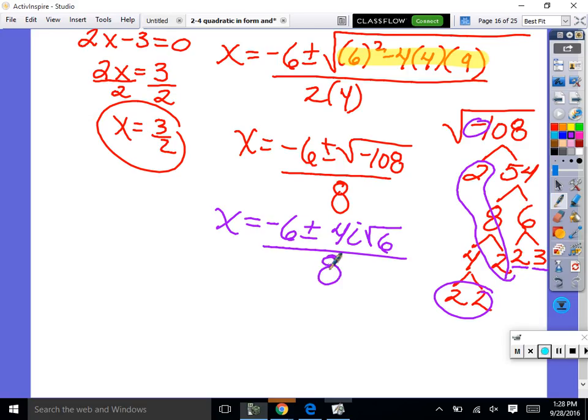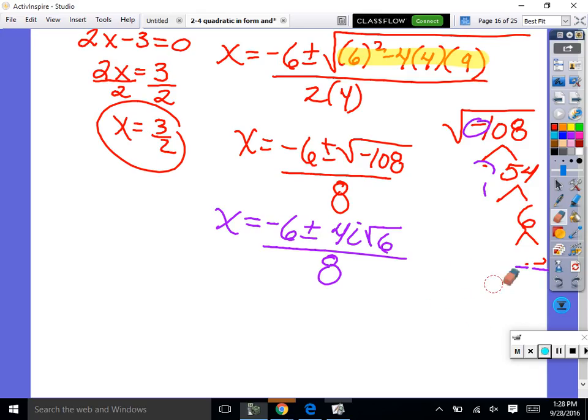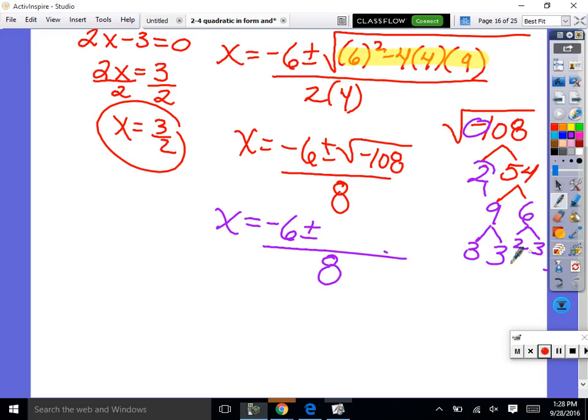Now, I messed up somewhere. It's not 8 times 6, it's 9 times 6. That's why. Okay. So this was 9 times 6, this was 3 times 3, right? Okay, so 6 is 2 times 3. So we'll pull out a 3, we'll pull out a 2, and left is a 3.